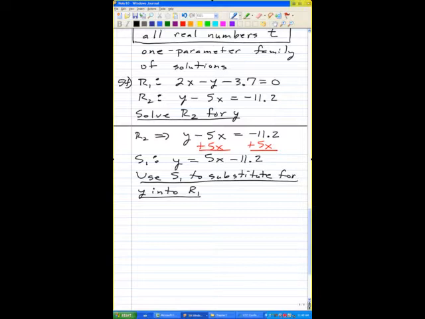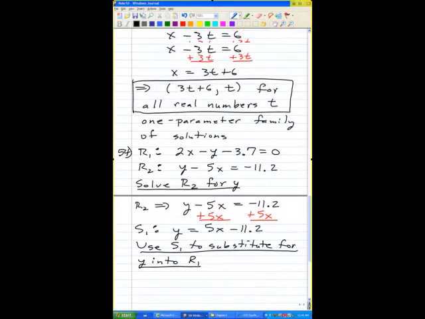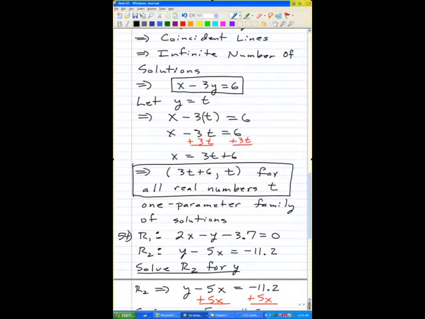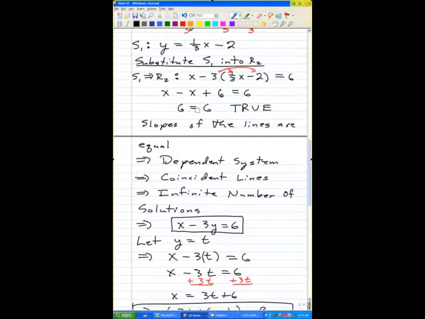Please note, if you accidentally substitute back into the same equation, what will happen is you'll come up with the same situation that we got in the above system, where you'll have some number equals another number.